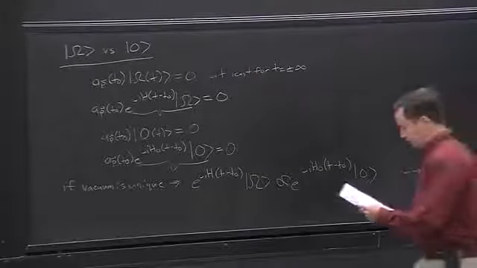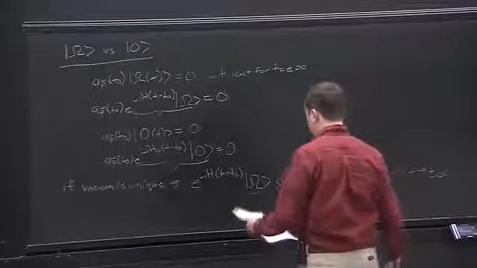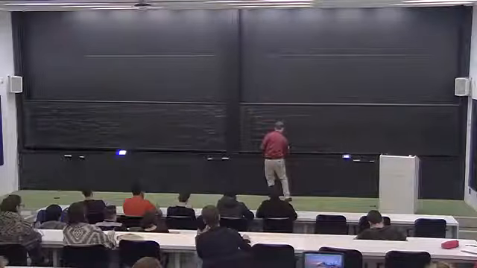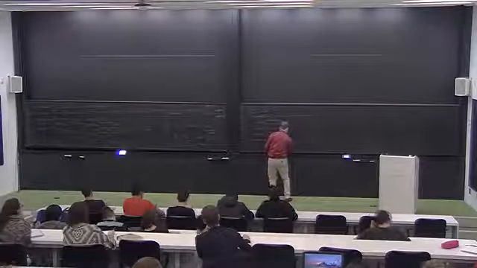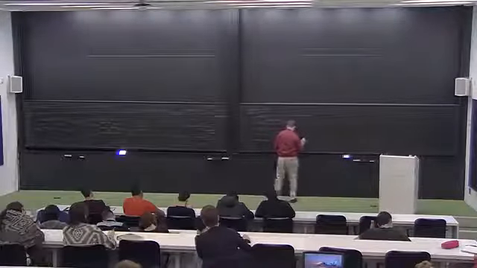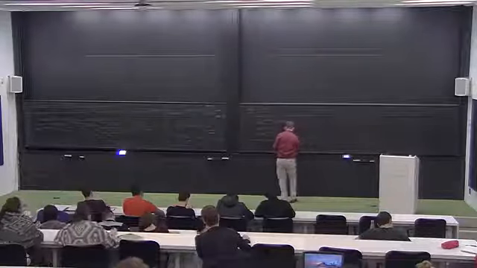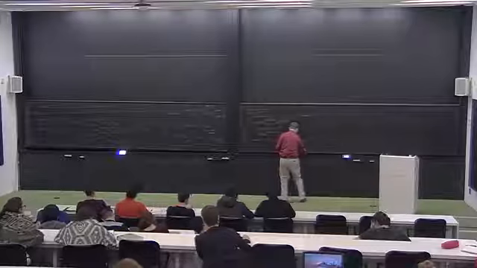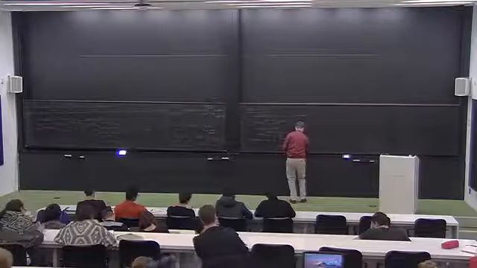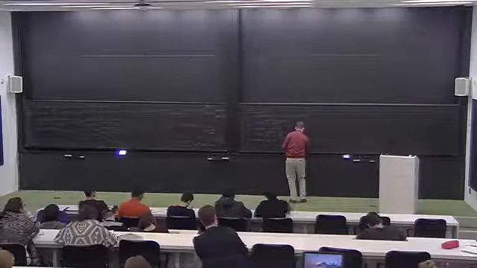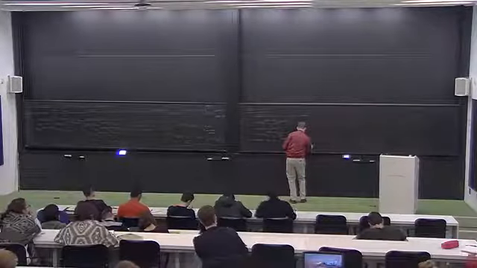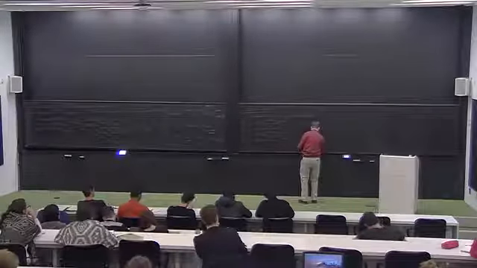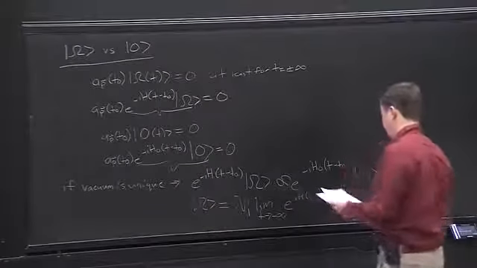And so that tells us that Omega is some normalization, which I'll call N_I, times the limit as t goes to minus infinity of e to the plus i H (t minus t0) e to the minus i H0 (t minus t0) times |0>.